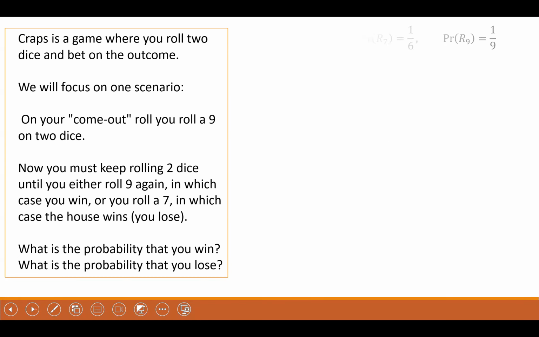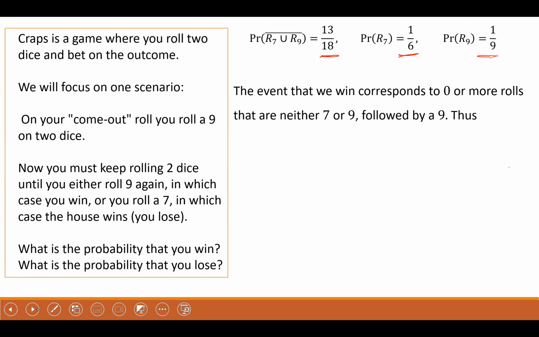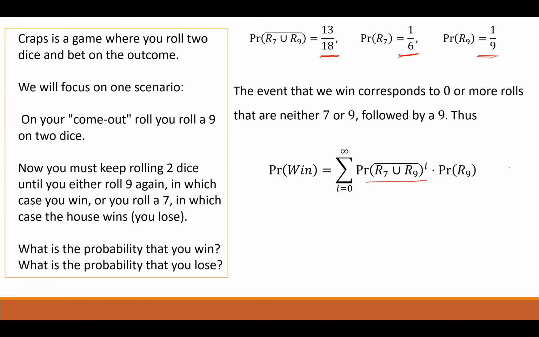Okay, so I have my 3 probabilities for any single die roll: game keeps going, I lose, I win. Now I can roll the dice until I either lose or win. So we can write the probability that I win as a sum over some number of die rolls, maybe 0, maybe infinity, where I do not roll a 7 and I do not roll a 9, and then times the probability that I roll a 9 on my final die roll.